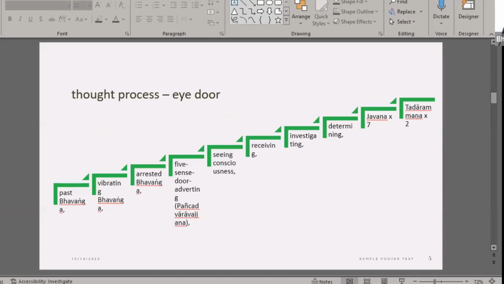What happens? When we are sleeping or without a special object, Bhavanga Chitta arises again and again. When an object strikes, it vibrates. After that, it stops. Then door-adverting consciousness arises, either five-door or mind-door-adverting consciousness. Here we give an example for the five doors. I think you remember the simile we have discussed several times, the simile of the mango.